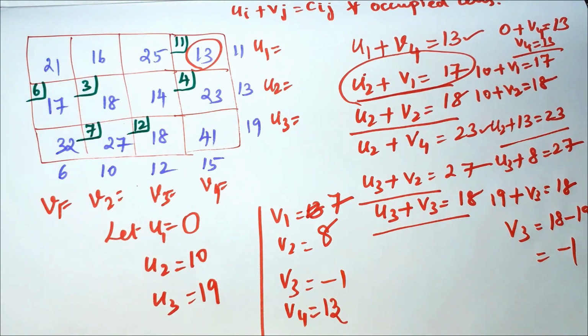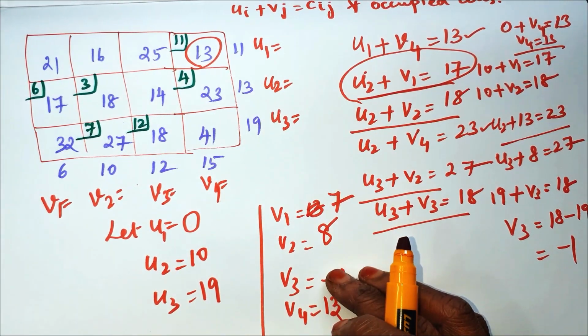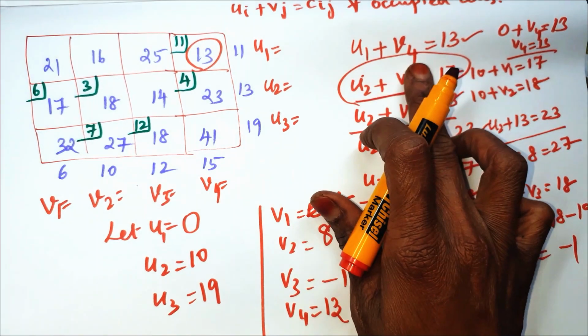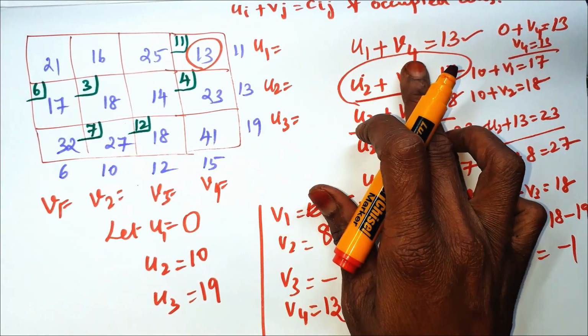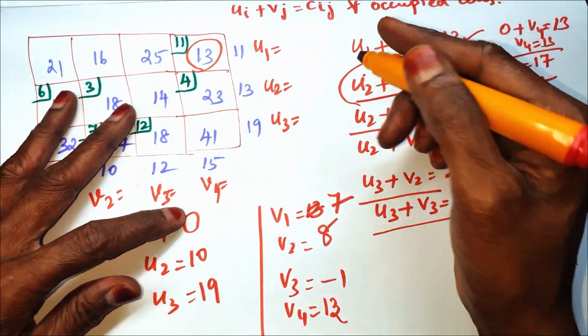Is it clear how we are getting the ui and vj values? After calculating all the individual values for ui and vj, we can check whether the answers we got are correct or not. See the first equation, u1 plus v4. u1 we got as 0, v4 is 13. 0 plus 13 is 13. So this is correct.